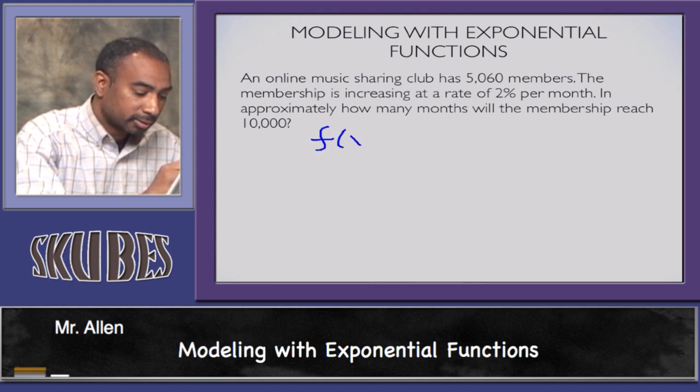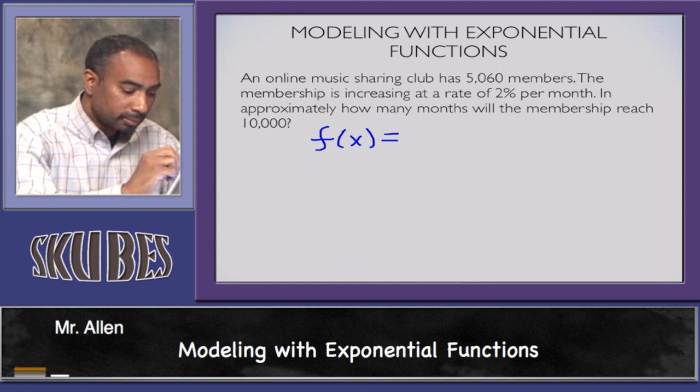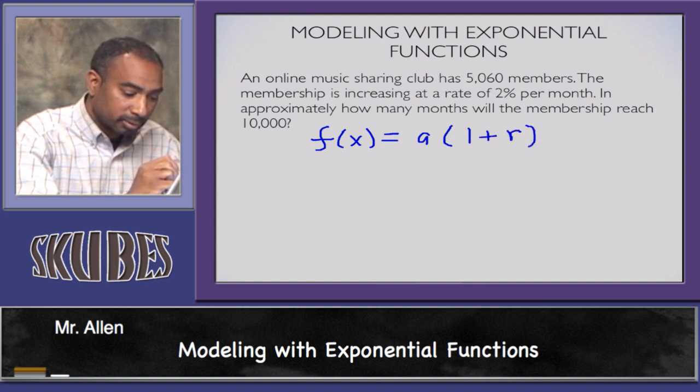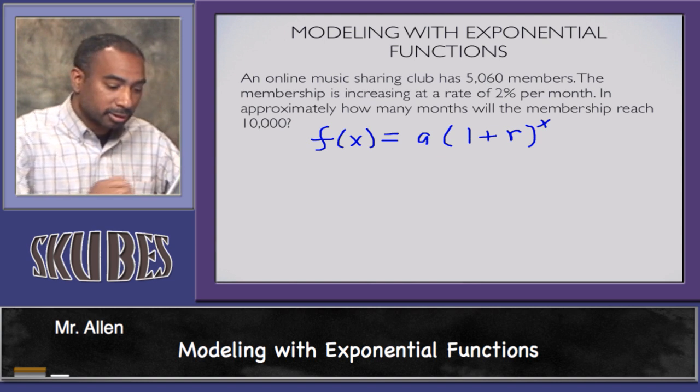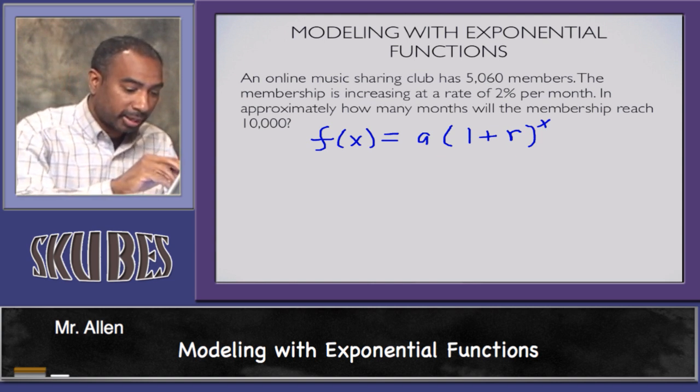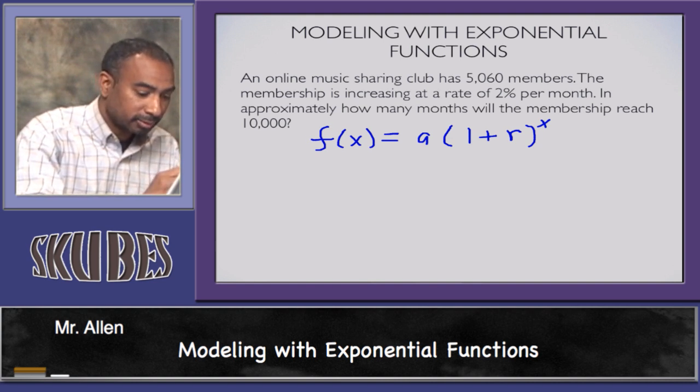So we're saying f of x is going to equal A, and this is going to be 1 plus the rate, raised to this particular power. So we know that A is going to be the current members in the group, so we got 5,060.